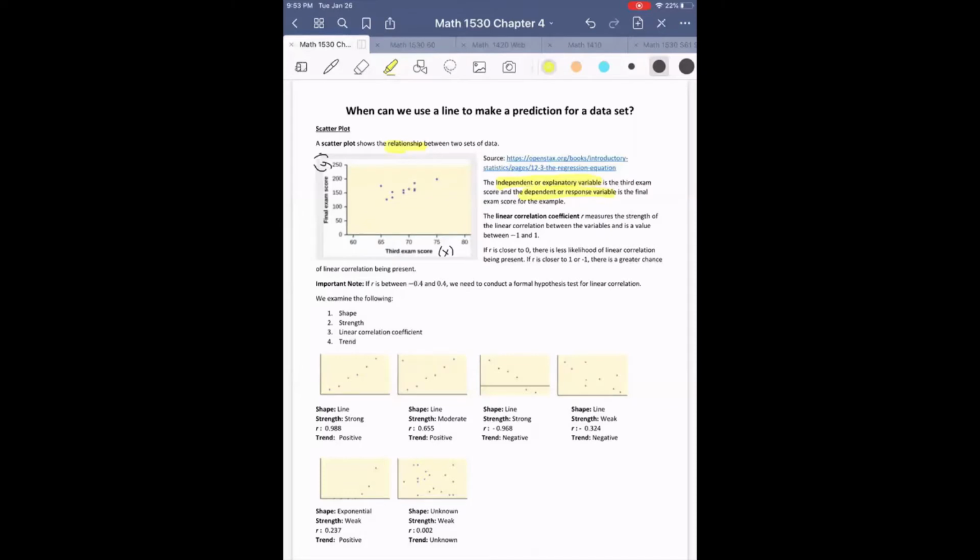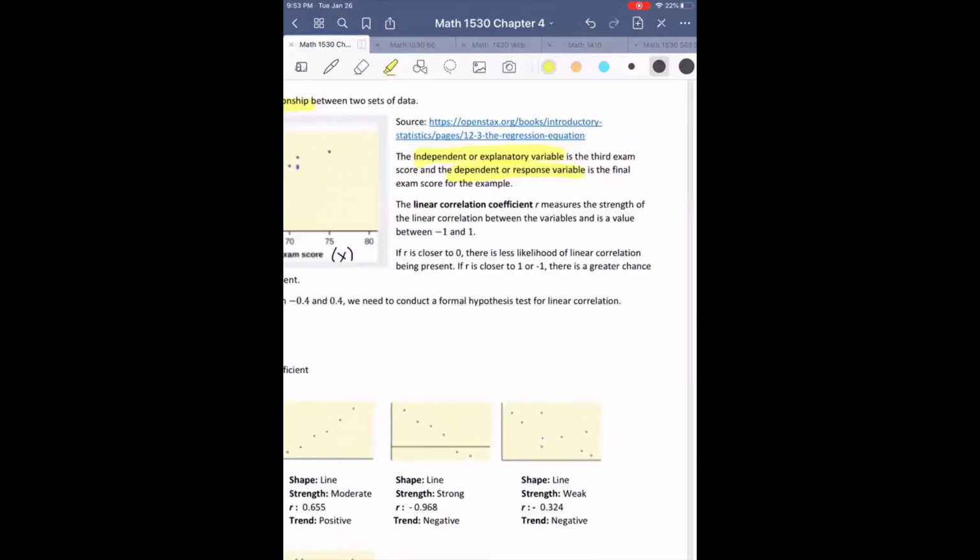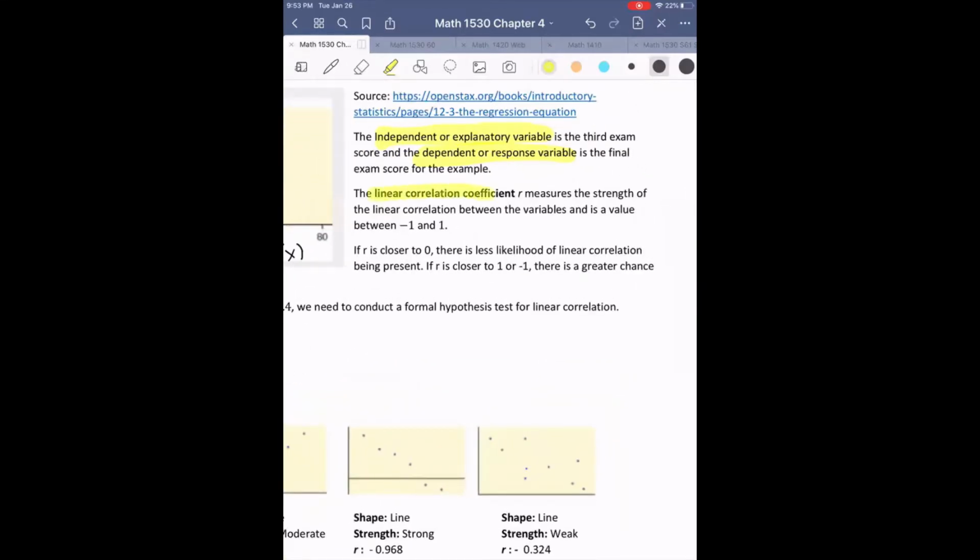Something else that's also important to consider is the linear correlation coefficient R. The linear correlation coefficient R measures the strength of the linear correlation between the variables and is a value between -1 and 1. The closer R is to 0, the weaker the linear relationship will be.